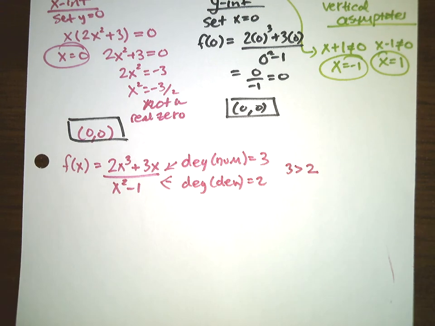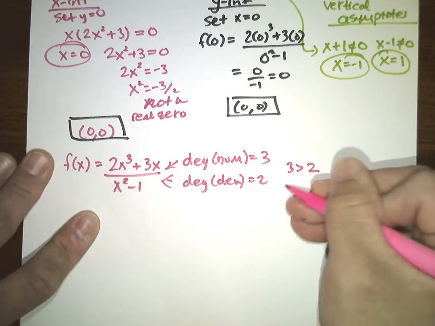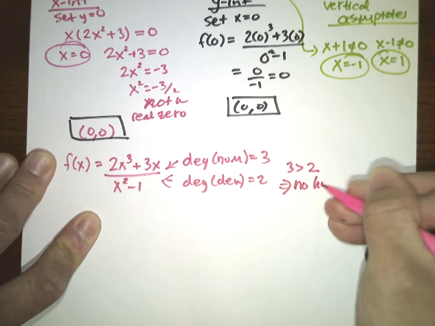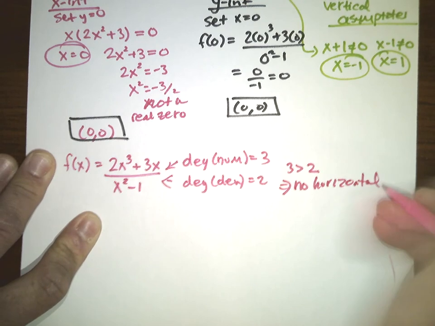So if the degree of the numerator is greater than the degree of the denominator, that means there is no horizontal asymptote.